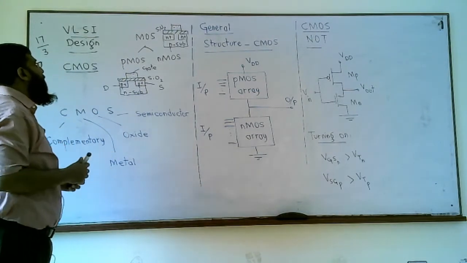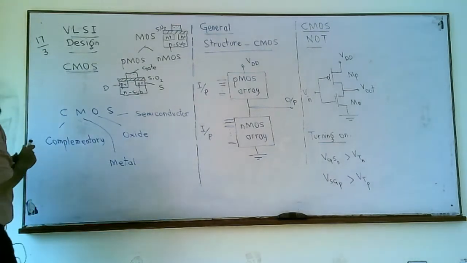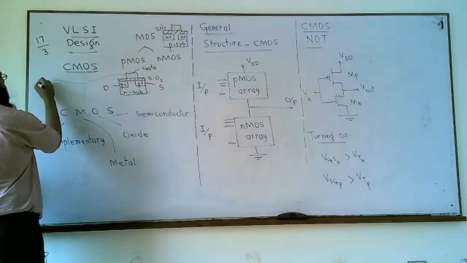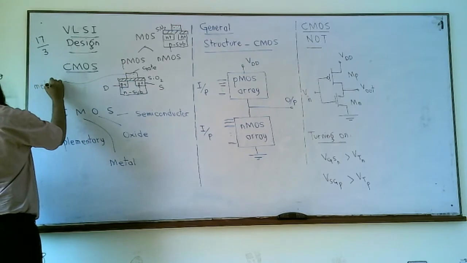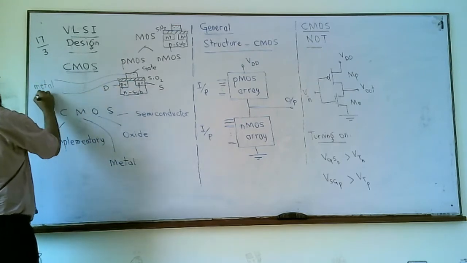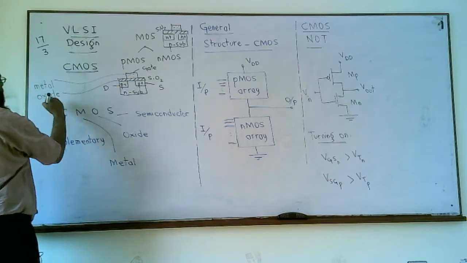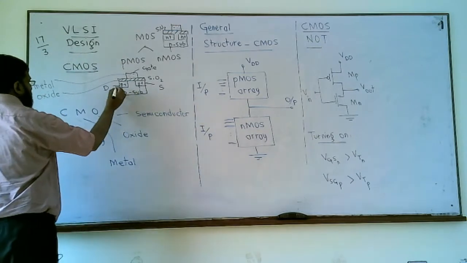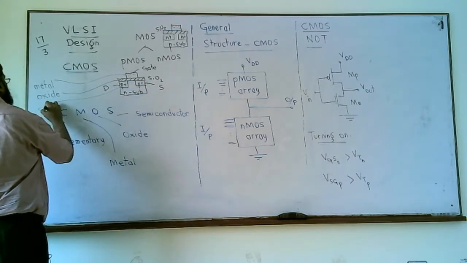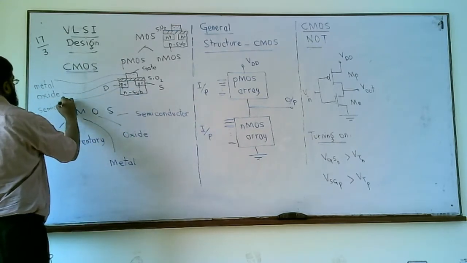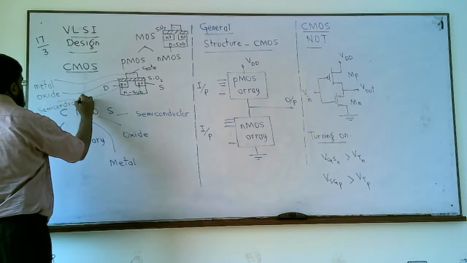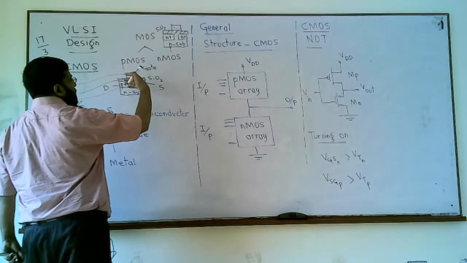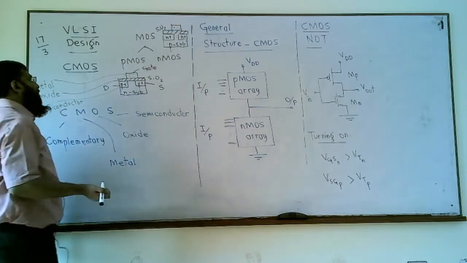Why are they called metal oxide semiconductor? Because this gate is conventionally made up of a metal. This silicon dioxide, we write only oxide for the silicon dioxide, and this is the semiconductor layer. So that is why we call these transistors the MOS transistors, and there are two types, pMOS and nMOS.